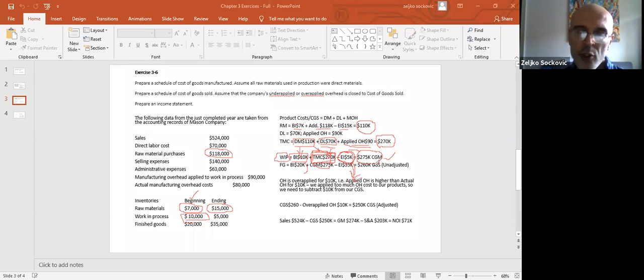So again, use all information going kind of from different directions, not just straight forward, just in one direction. Sometimes you even have to go from finished goods, right? From finished goods to find what cost of goods manufactured are. Then once you find what cost of goods manufactured are, then you go further backward. So you're going basically backward.